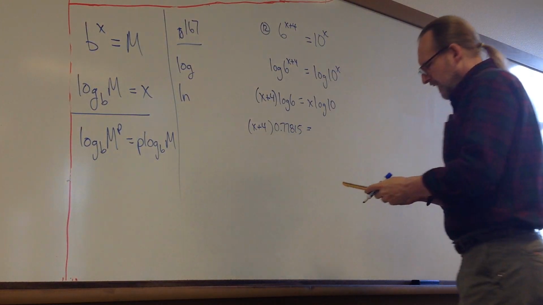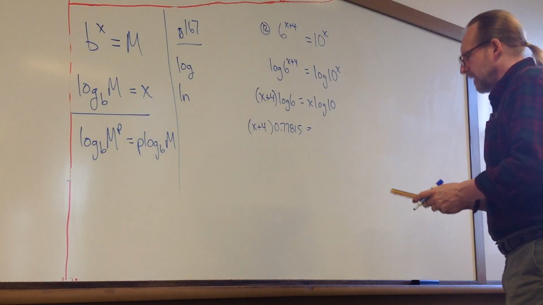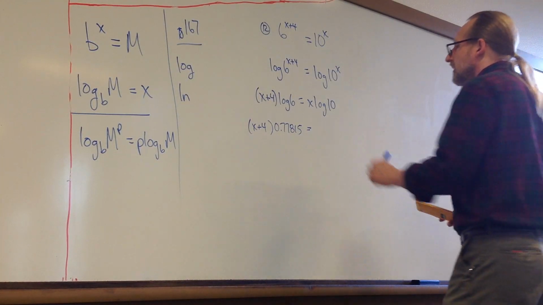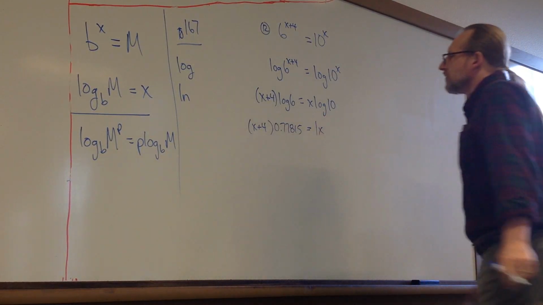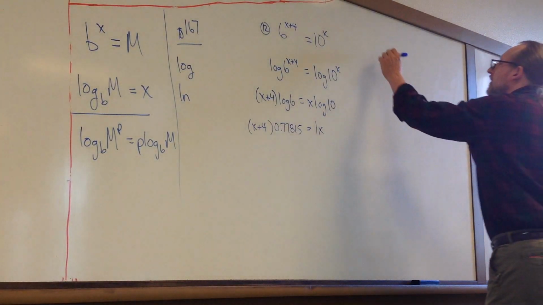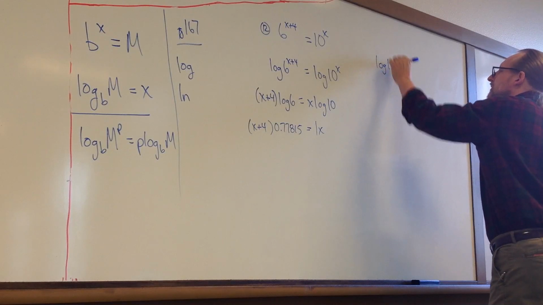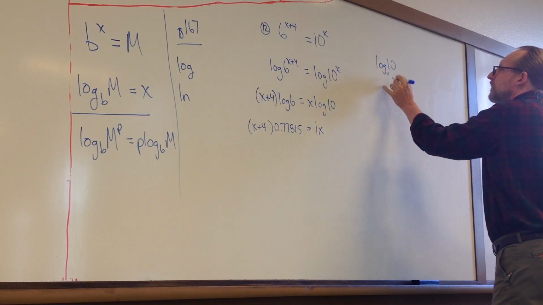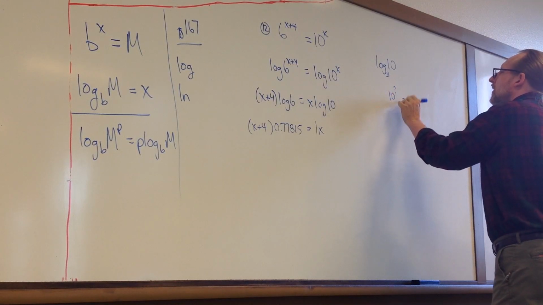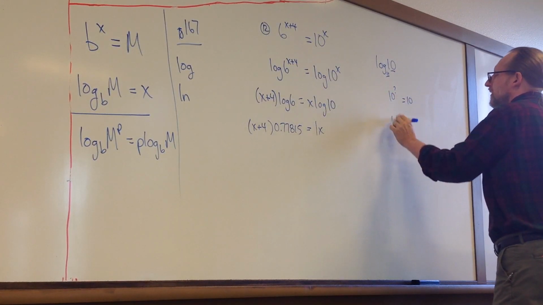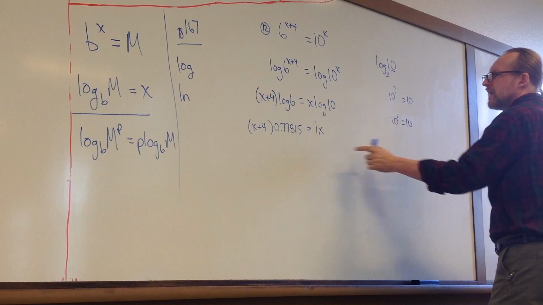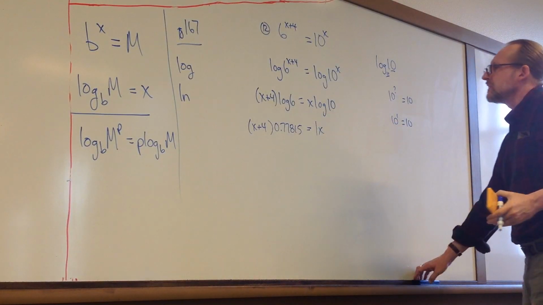Over here, it's kind of an interesting thing. If you type in log 10 on your calculator, you get an answer of 1. Why? Well, remember what this statement asks: what power do you raise 10 to get this number right here? Well, the first power. So that's why log of 10 is equal to 1.